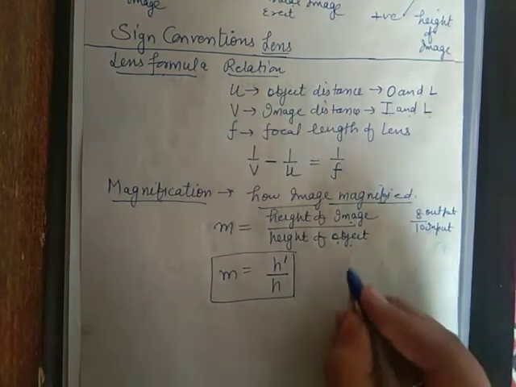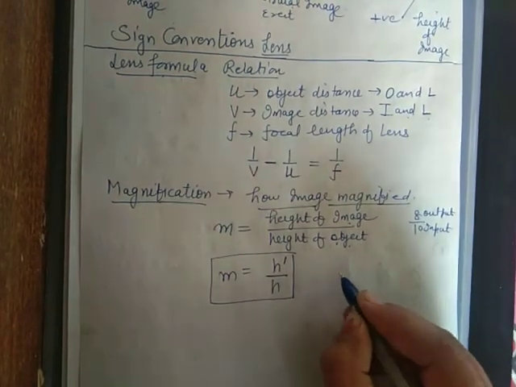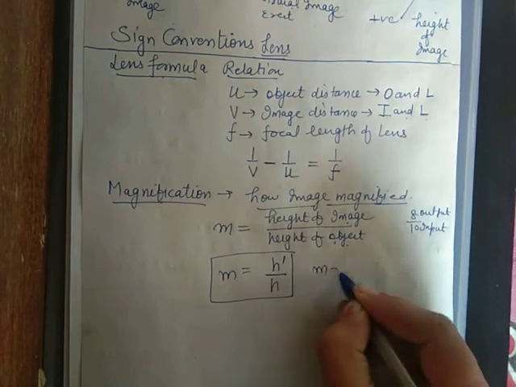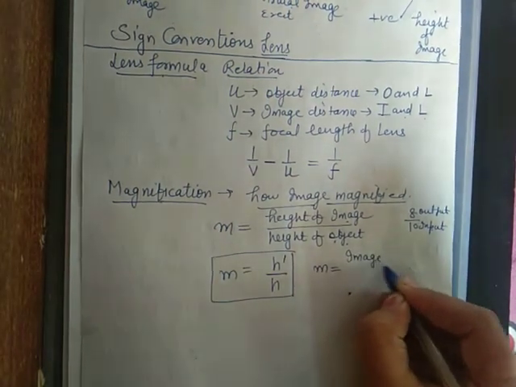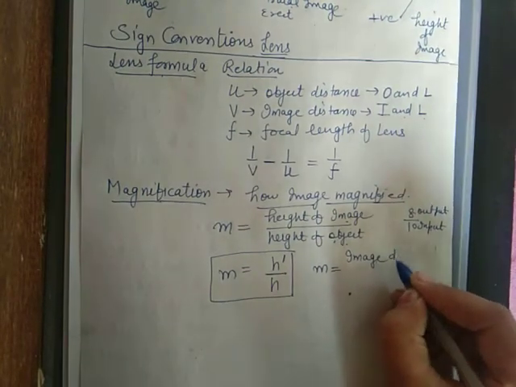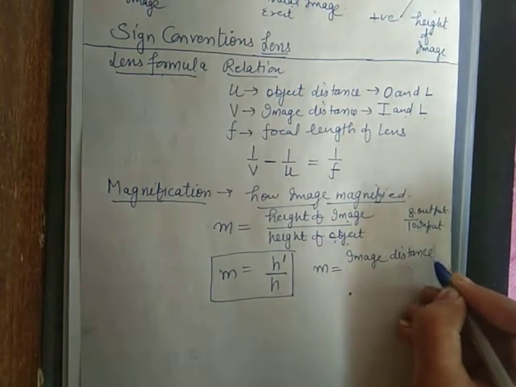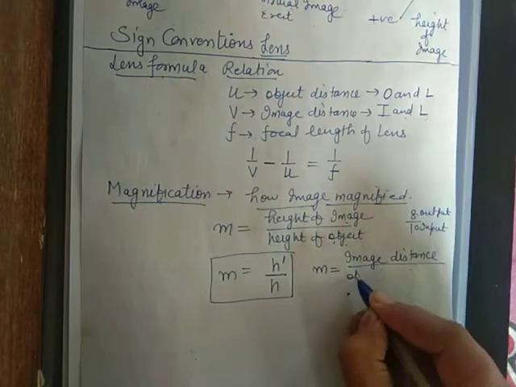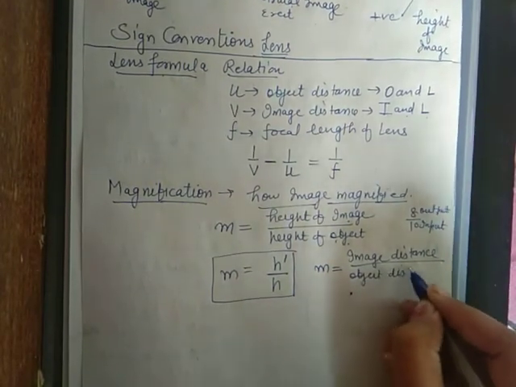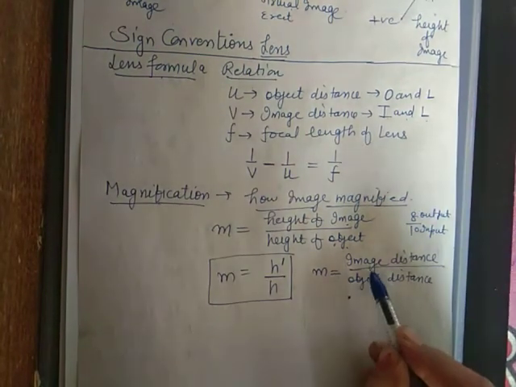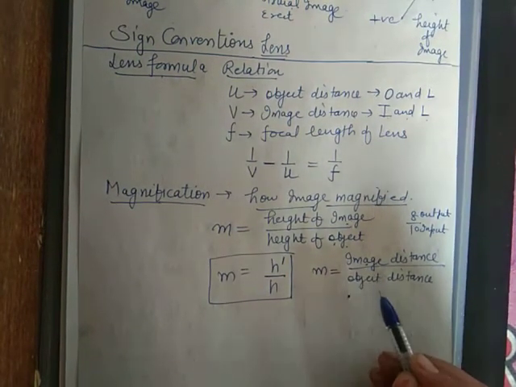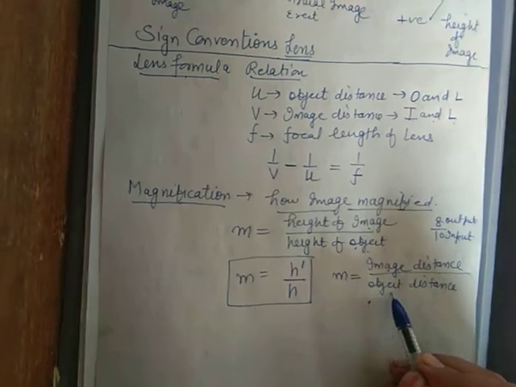And after this, M can also relate image distance and object distance. In terms of image distance and object distance, it is defined as ratio of image distance to the object distance. Image distance means the distance of image from the lens, and object distance means the distance of object from the lens.